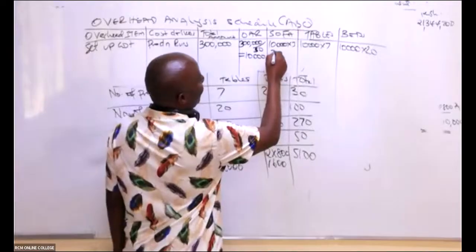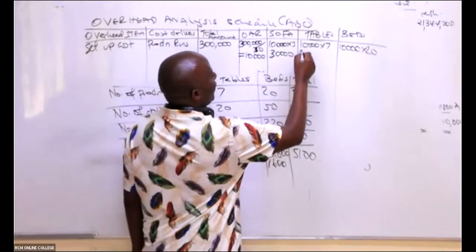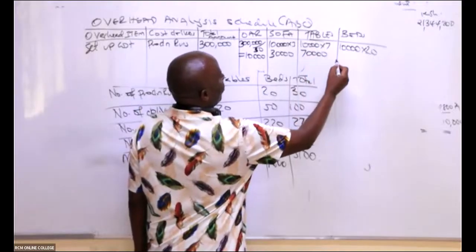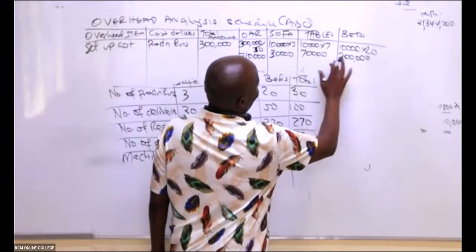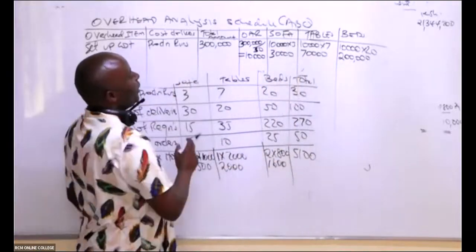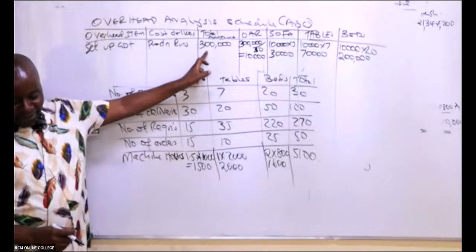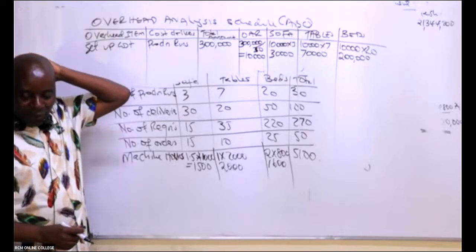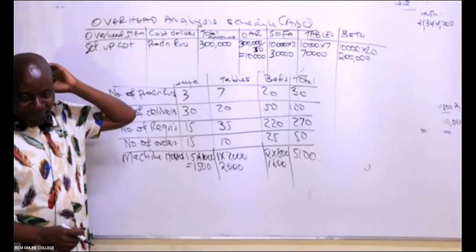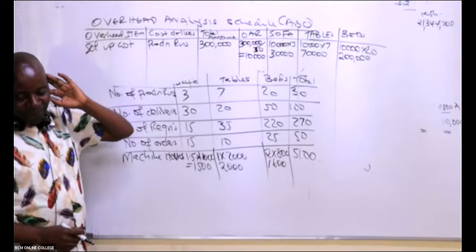So this will be 30,000, 70,000, and 200,000. If you add the three, they must give you a total of 300,000. So is that okay?